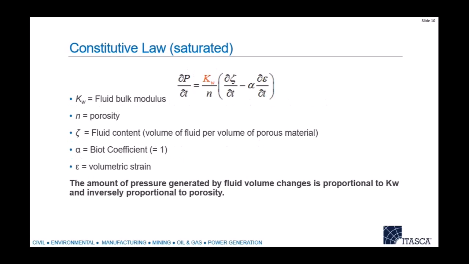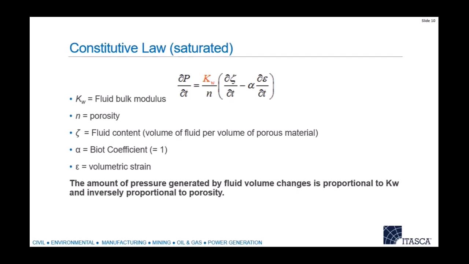And once you've got a volume of fluid in the node, how much pressure it creates is, again, pretty much a linear function. This is the fluid bulk modulus. This is the porosity. These two things together are also called the Biot modulus. This is called the Biot coefficient, which by default is 1, and that just relates volumetric changes coming from the mechanical logic, right?